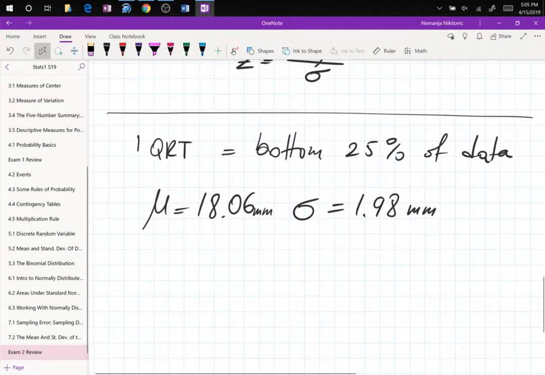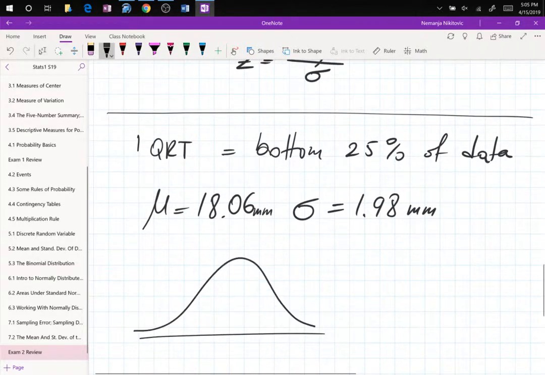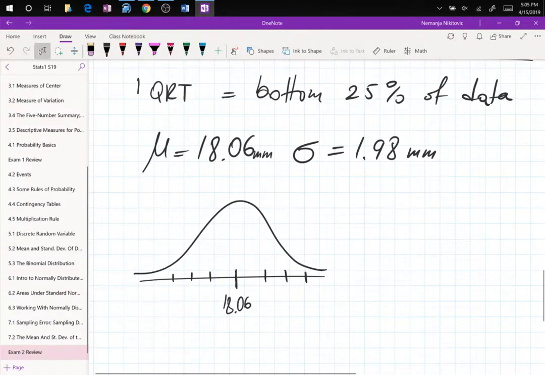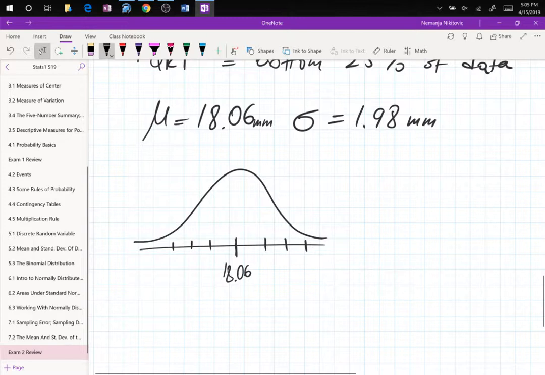If I draw the standard curve, which is the bell-shaped curve, we are going to have our 18.06 in the middle, and then 3 standard deviations one way, 3 standard deviations the other way. This is my x-axis, right? And I can add 1.98 and subtract 1.98 to come up with other values.